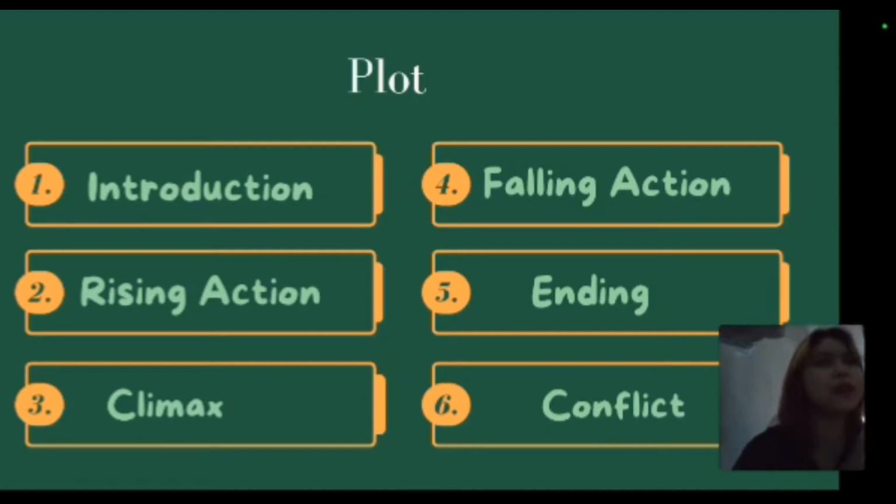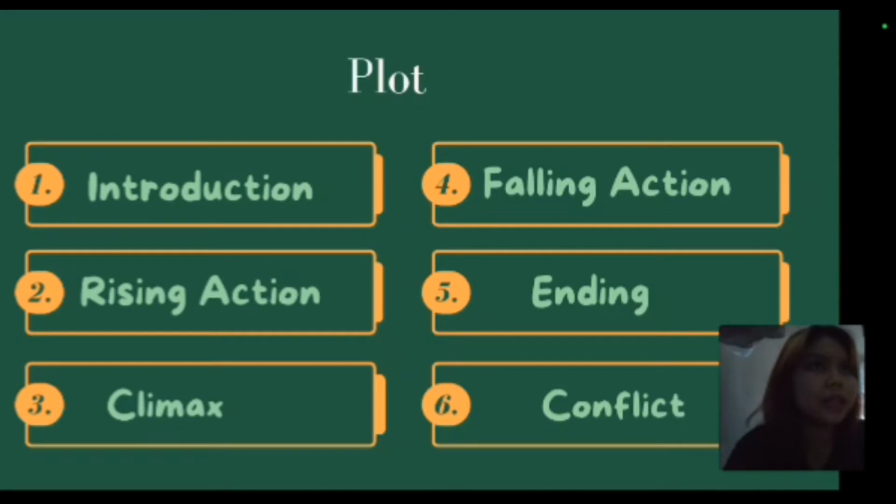Now, we have to ask ourselves, does this one scene connect to the other? Or is it chronological? Does the introduction connect to its rising action, does the rising action connect to its climax, and does the climax have something to do with the falling action?